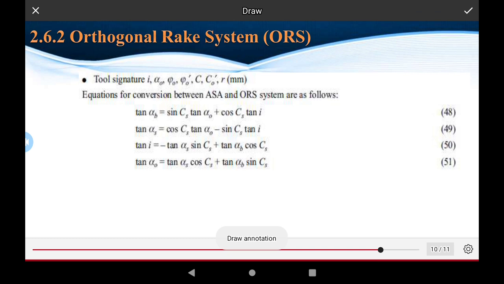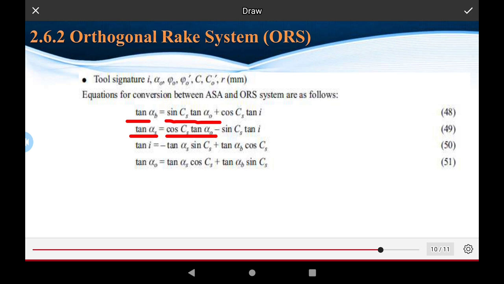The formula for tan alpha b is: tan alpha b equals tan alpha sin cs plus tan i cos cs. Okay, tan alpha is the shear angle, cos cs tan alpha.